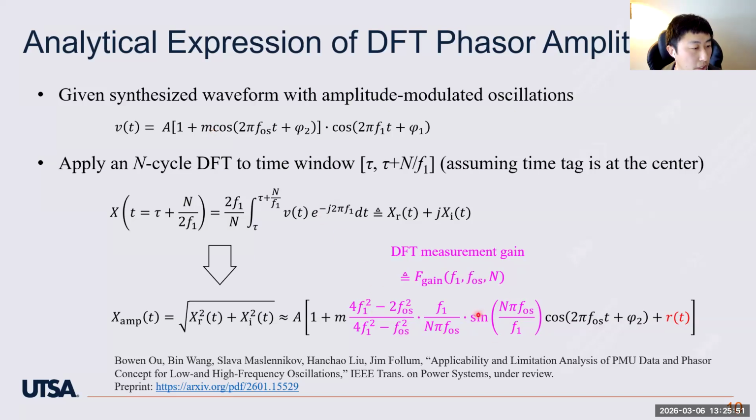But now we have an expression here that may not necessarily be 1. This expression has three parameters that determine its value: the fundamental frequency F1, the oscillation frequency FOS, and the DFT window length N.